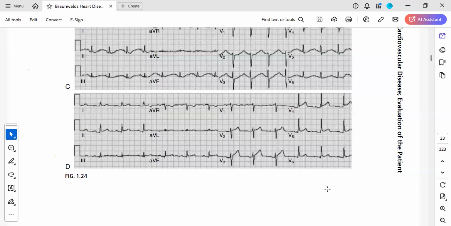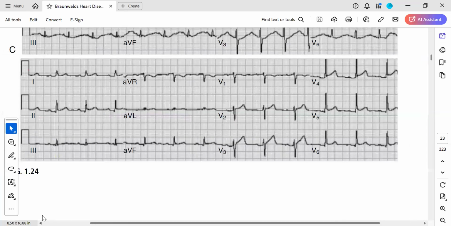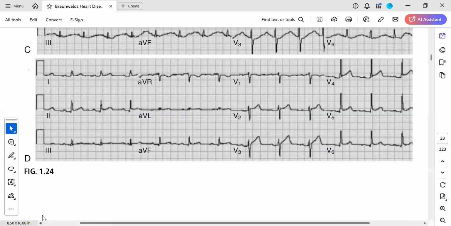And if you look in aVR, there's PR elevation with ST segment depression. So this is also seen in cases of pericarditis. You can have something like this. So that goes for D.